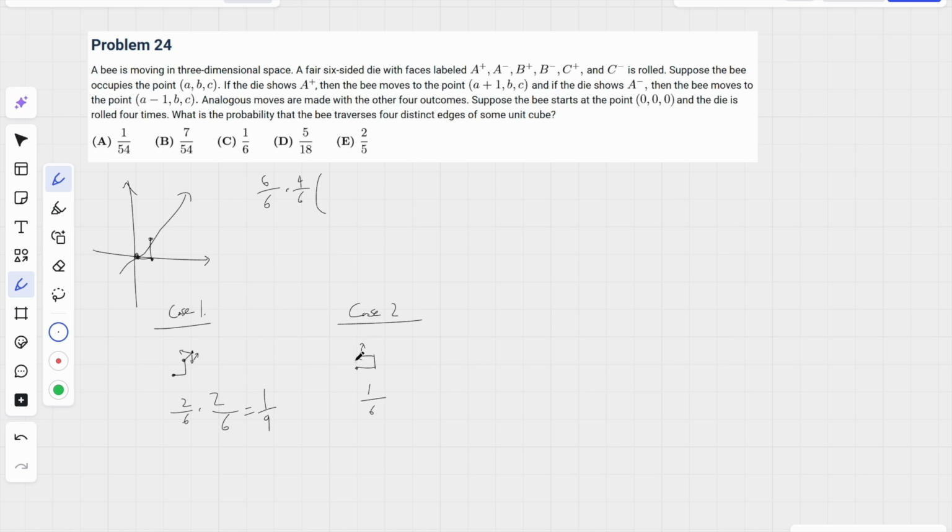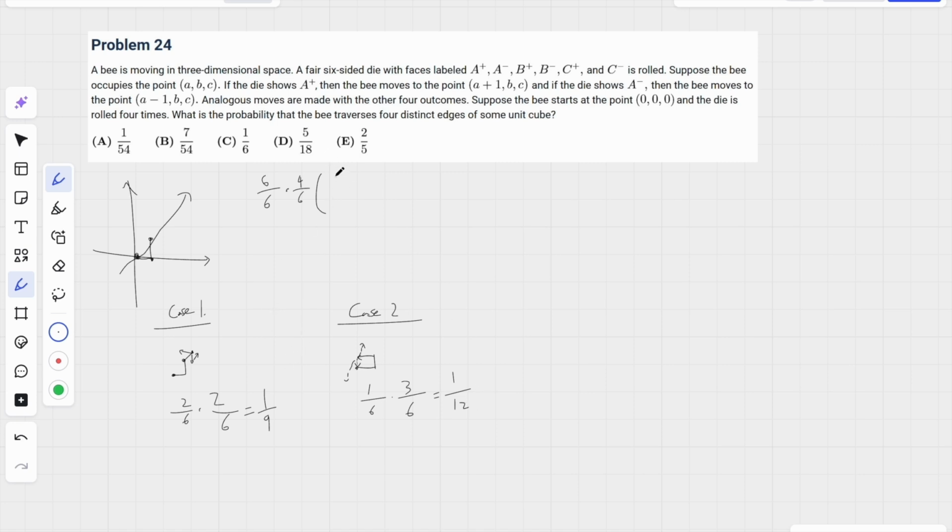It can go right, it can go left, or it can go down. All three of these moves would still allow it to stay on some unicube. So we'll multiply by 3/6 to get 1/12.